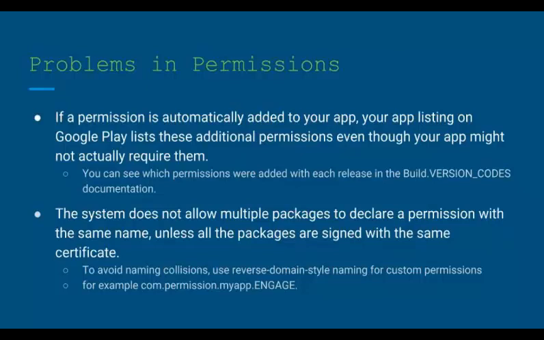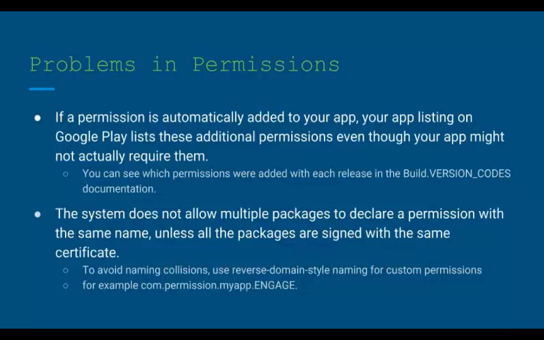And sometimes the system doesn't allow multiple packages to declare the permission with the same name unless all packages are signed with the same certificate. This happens with the custom permissions. So if you have a custom permission and you named it the same as another app, a conflict will happen, and the older app will remain, but the new app can't use this permission.